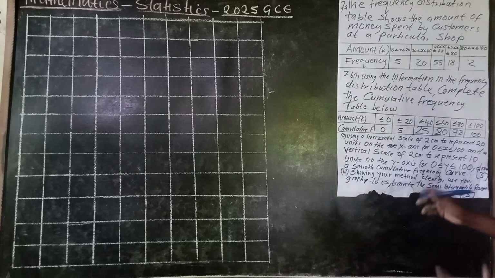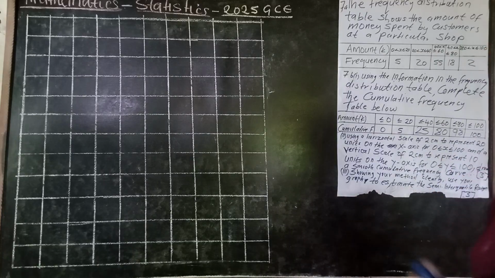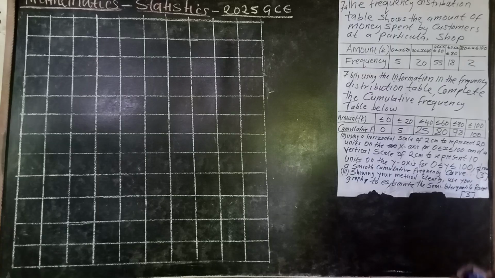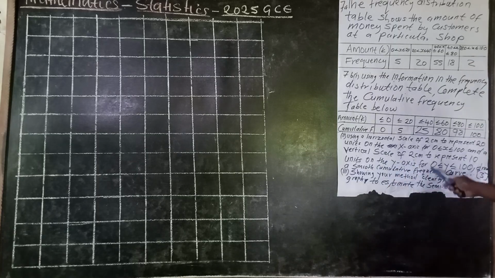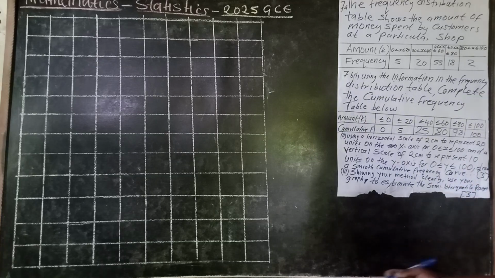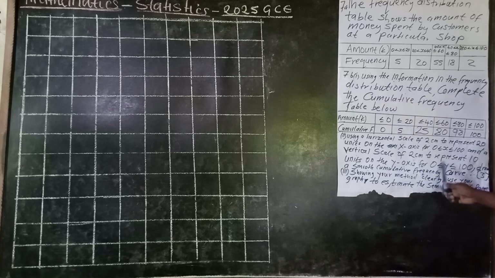This simply means 0 to 100. That's the range we are given. And a vertical scale of 2 centimeters to represent 10 units on the y-axis for 0 to 100 again. When they say 0 less than or equal to y less than or equal to 100, that is 0 to 100. That's the range.